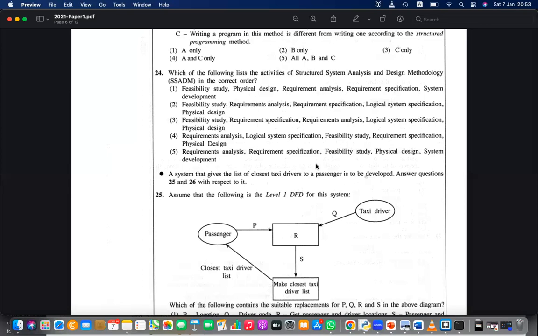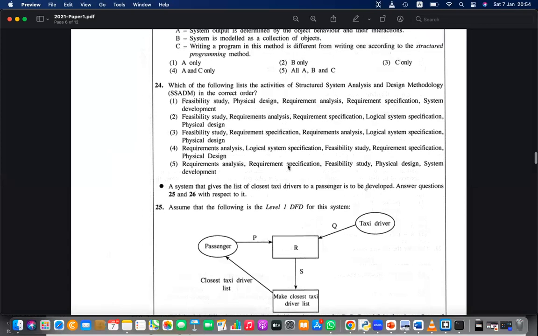Wait. The physical design should come at the end. The only doubt is here. Requirements analysis should come at the beginning. Physical design is the beginning and the end.